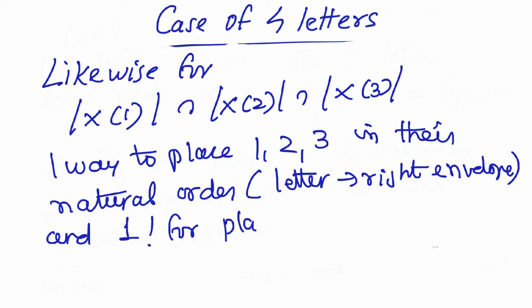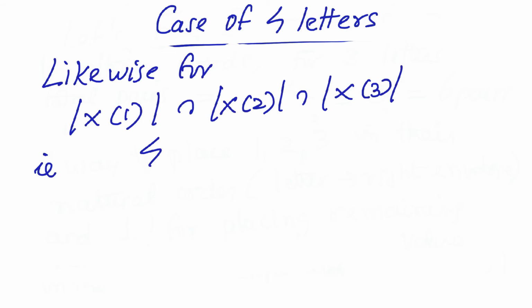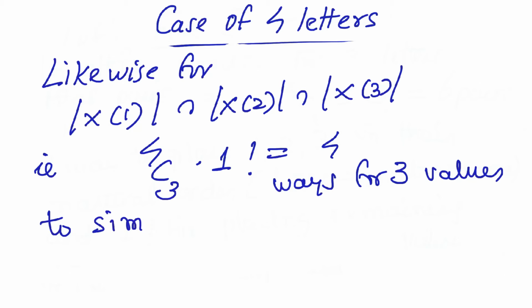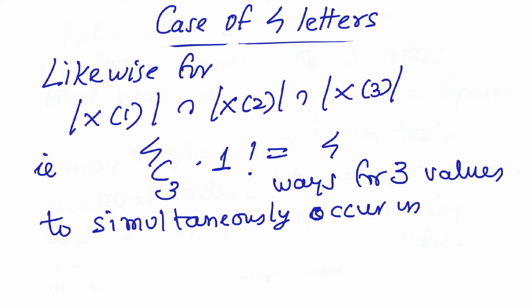Of course, there's only 1 factorial, or one way, to keep it. Naturally, for that 4th letter, no derangement is possible. So, expressing it by means of combination, that is 4C3 times 1 factorial, that is 4 ways for 3 values to simultaneously occur in their natural positions, or 4 ways for the 3 letters to simultaneously occur in their respective intended envelopes.